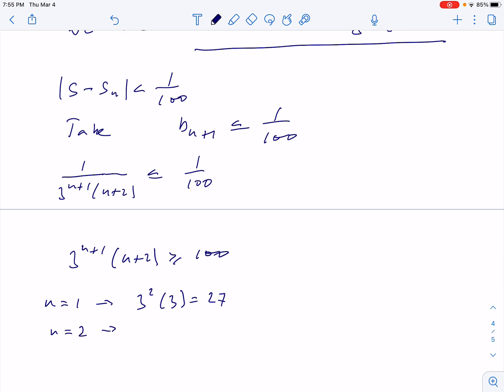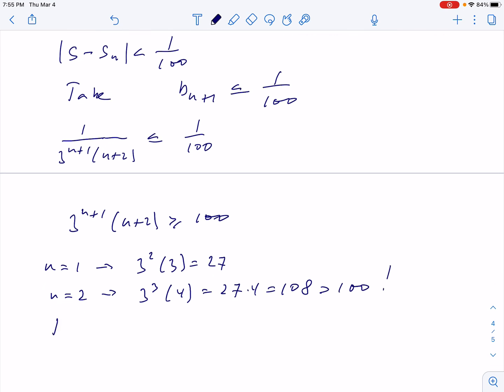When n equals 2, we have 3 cubed times 4 now. 27 times 4 is 108, already greater than 100. So we can stop here. Just take S sub 2, the partial sum with index 2.